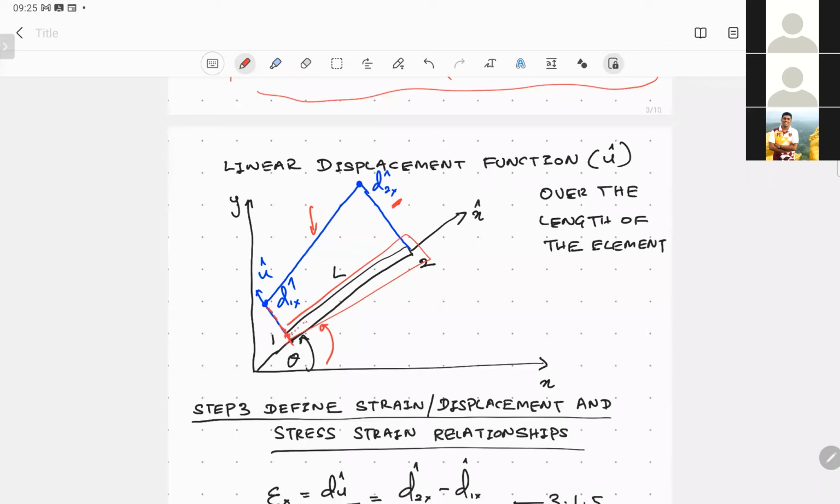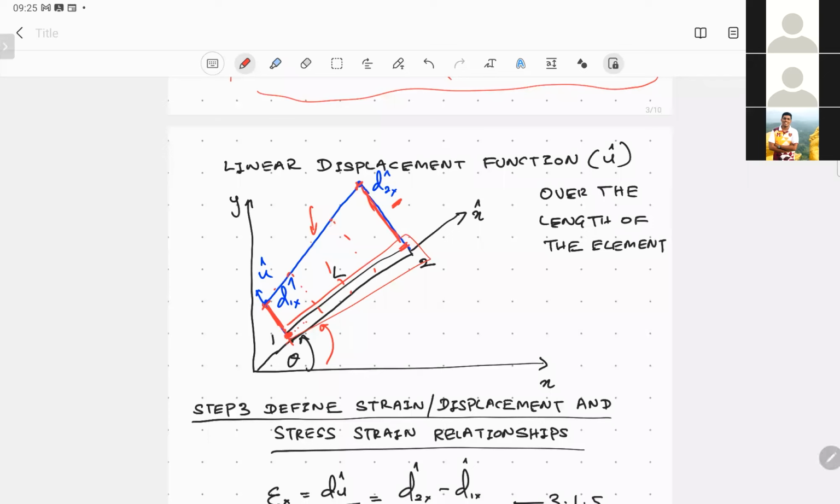I have just superimposed the displacement which takes place in the x direction. So at node 1, this is the displaced amount which the bar undergoes, and at node 2, this is the amount that the bar is subjected to, and within the element, at an arbitrary point, since you can interpolate it and get it, we call it an interpolation function also.